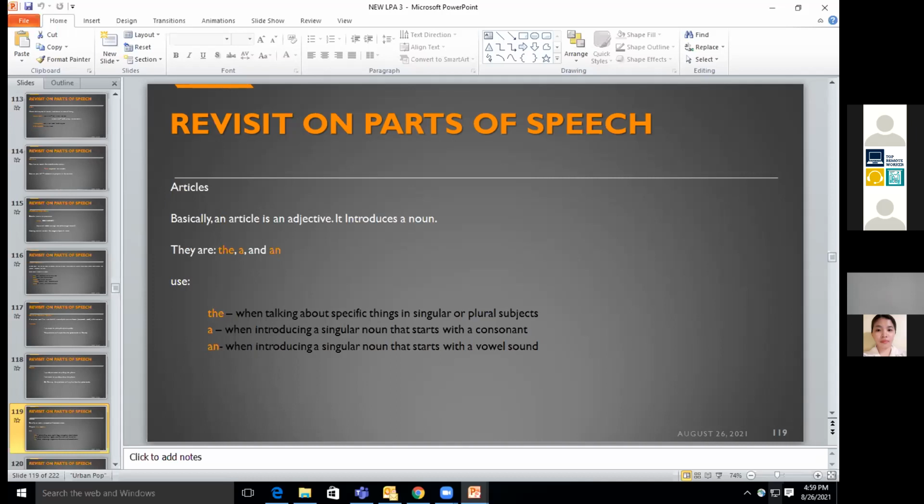Use an when introducing a singular noun that starts with a vowel sound. Because sometimes, especially in writing, we always see that they don't know how to place a and an. Okay, so again, you use a when introducing a singular noun that starts with a consonant, and an when introducing a singular noun that starts with a vowel sound. Okay.